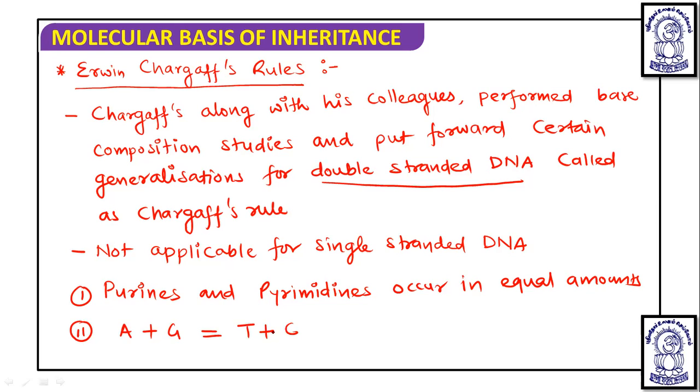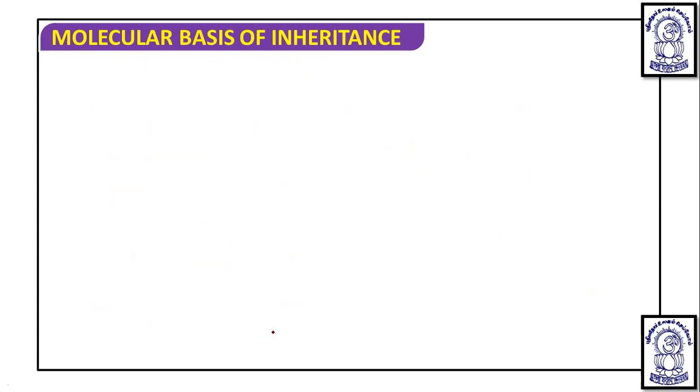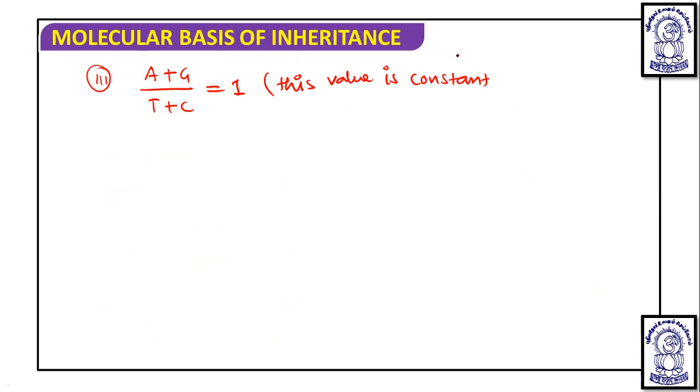And when we take a ratio of that, Erwin Chargaff showed that the ratio of purines and pyrimidines comes equal to 1. And it is known that this value is constant for all species.